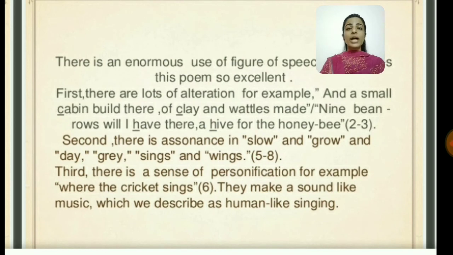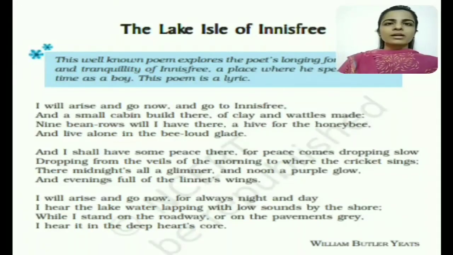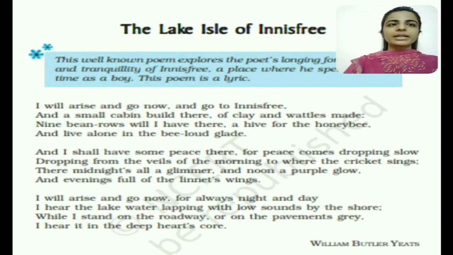So let's see which rhyme scheme works here. Whenever we want to find out which rhyme scheme works, we first have to count the lines of each stanza. In total we have three stanzas, right? First, second and third. Here you can see Innisfree, made, honeybee and glade.